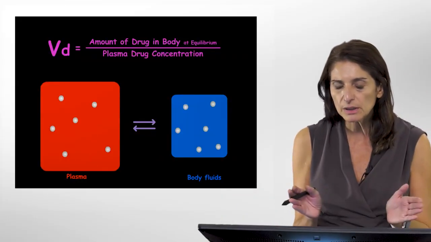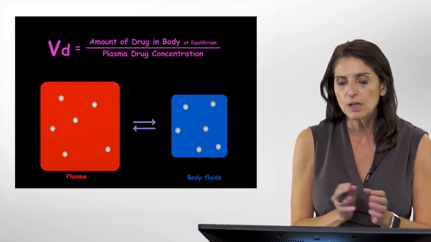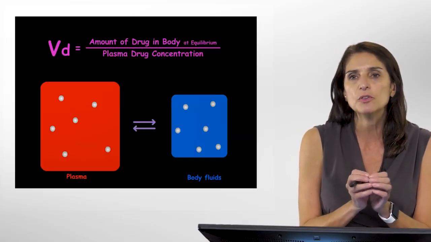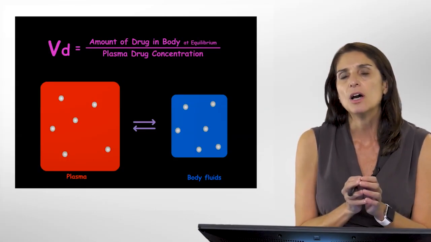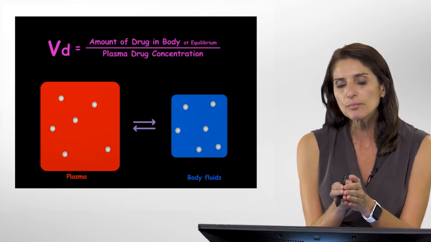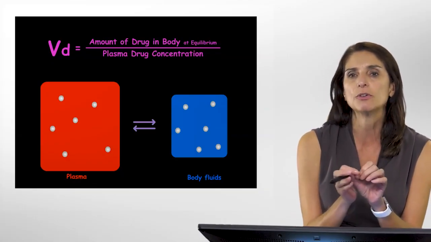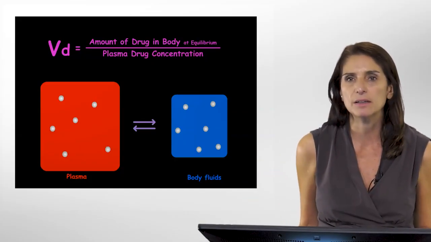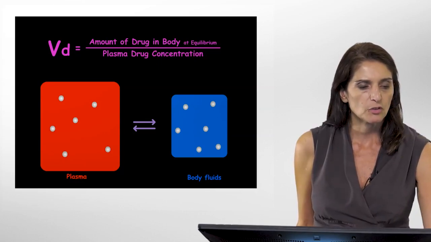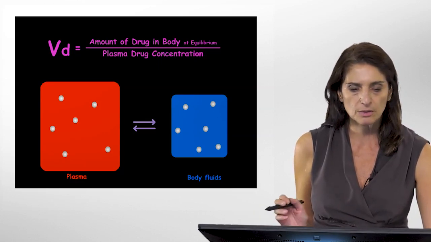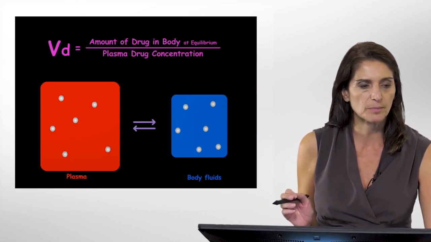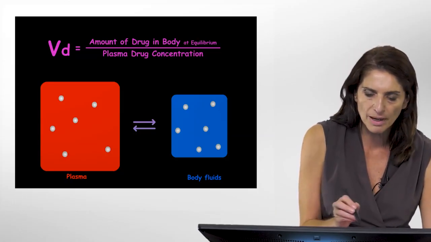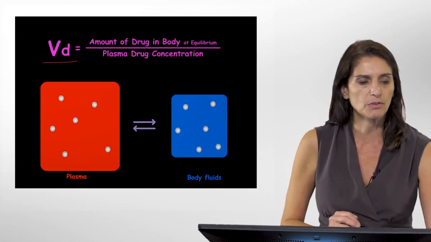So how do we look at the distribution and how do we try to make some sense of the relationship between the concentration of a drug in the bloodstream and in the tissues? What we do is we call this parameter volume of distribution.